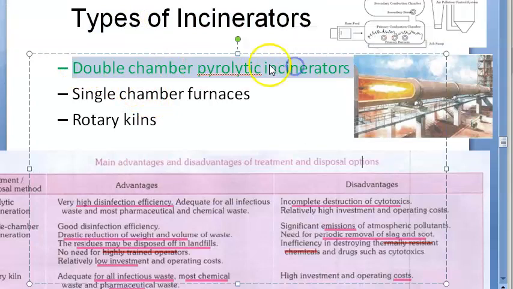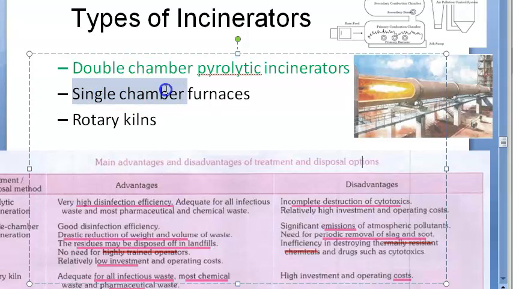Double chamber pyrolytic incinerators are designed to burn infectious healthcare waste. So this is the best. What about single chamber furnaces with static grate? They should be used only if double chamber ones are not affordable. So double chamber is what they are suggesting. Rotary kilns operate at high temperatures.